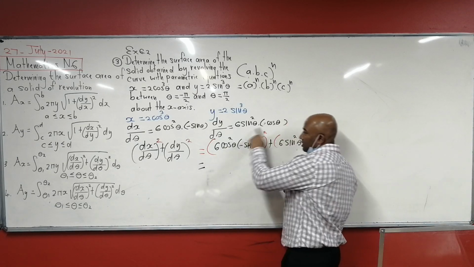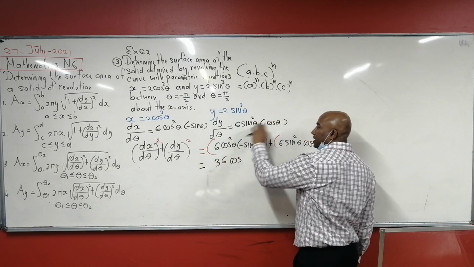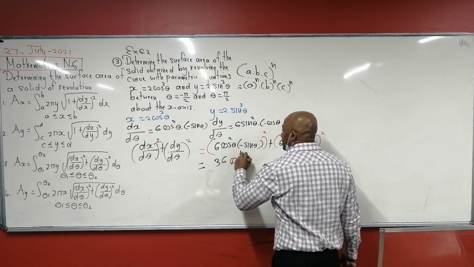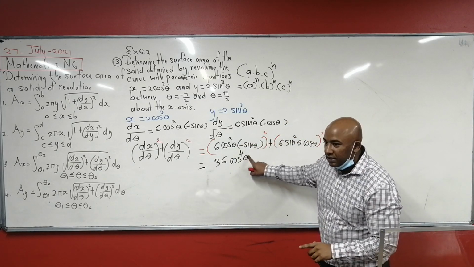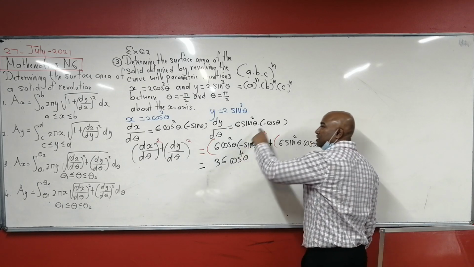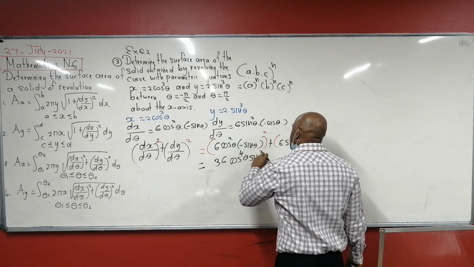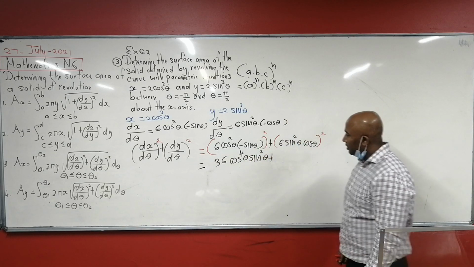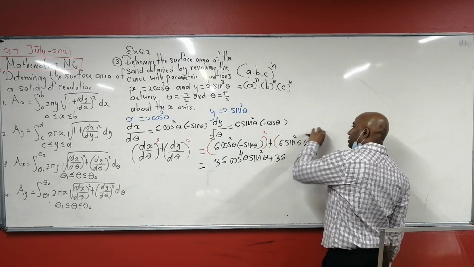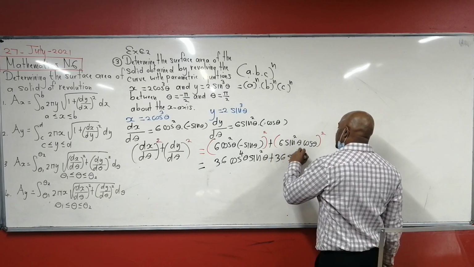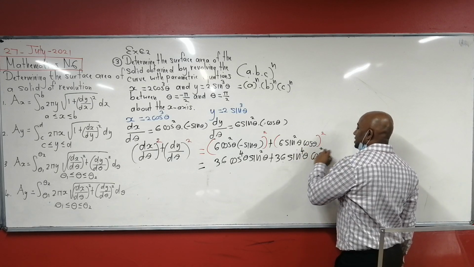So this is 6 squared, which is 36. Cos squared all squared is cos to the power 4. When you have a power raised to a higher power, multiply the exponents. Negative squared is positive, sine squared, so that's a sine squared. Alright, 6 squared here is 36, sine squared all squared will be sine to the power 4, and this is going to be cos squared.